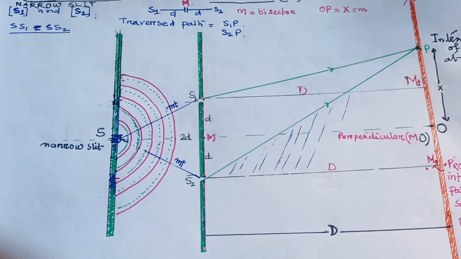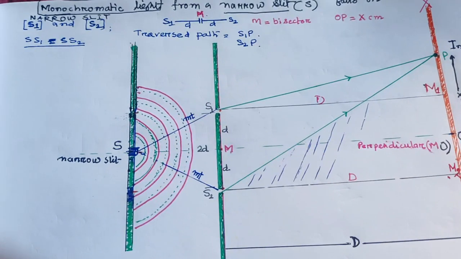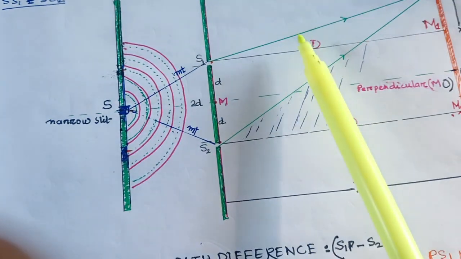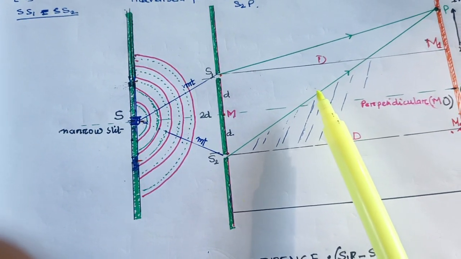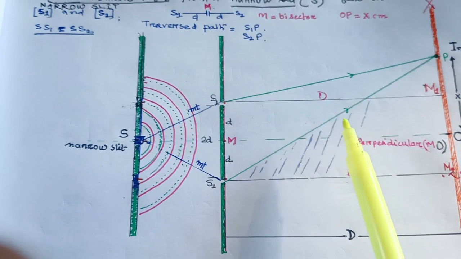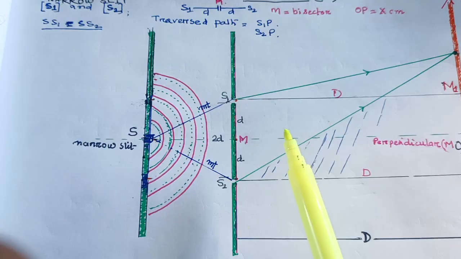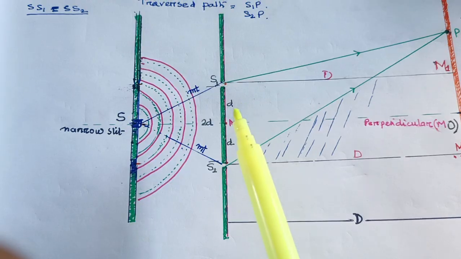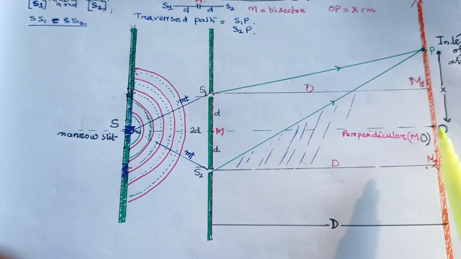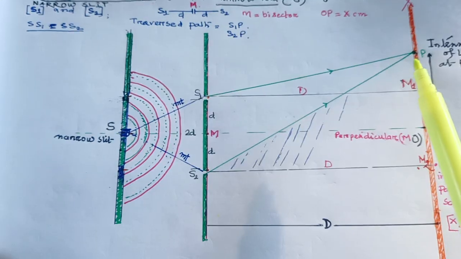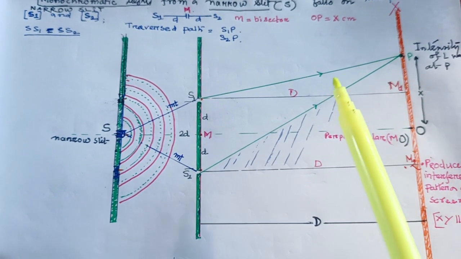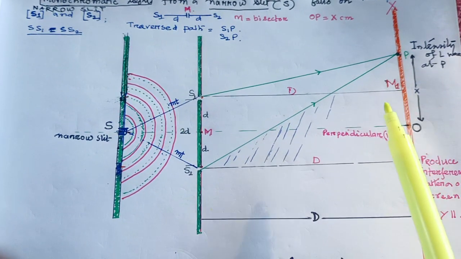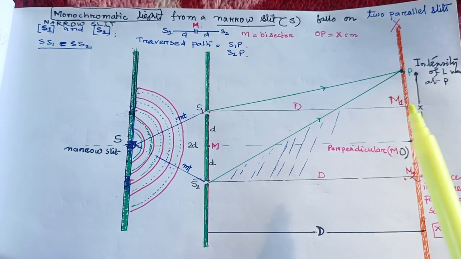So what I am going to explain is how you calculate this path difference, and after that we will calculate the distance of the first intensity, that is of the bright fringe, and then subsequently the dark fringe.